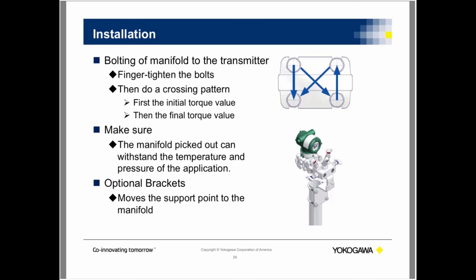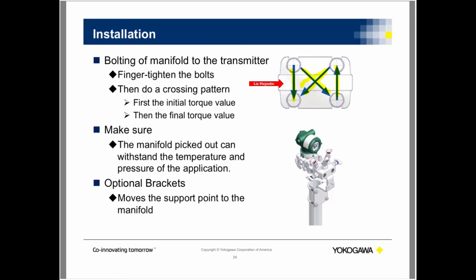When you're bolting your manifold to your transmitter, of course you're going to make sure you insert the bolts into the manifold to the transmitter. Then you're going to finger tighten the bolts, and then next you're going to do a cross pattern, which on this I have the arrows for you already. You go here, then here, then up, and then down.